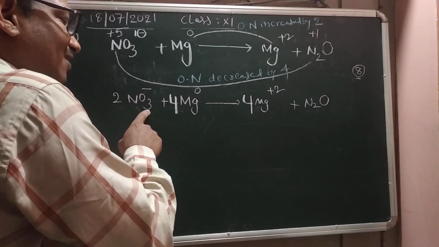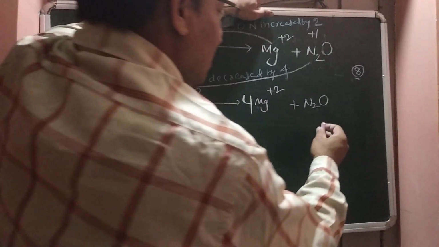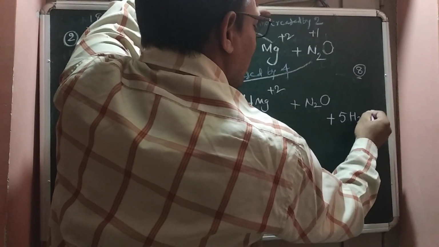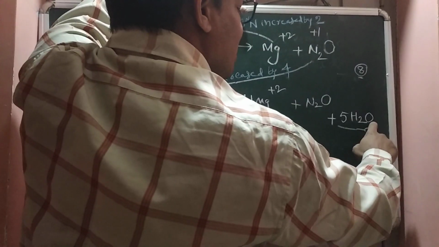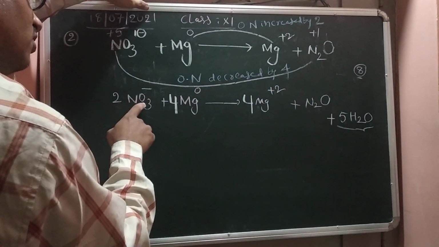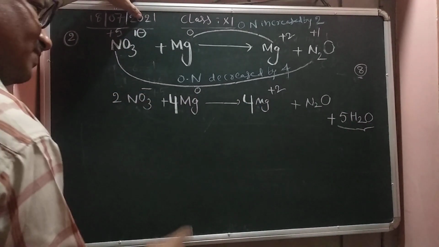Here 6 oxygen atoms. Here only 1 oxygen atom. So which side oxygens are less, that side I will add water molecules. So how many water molecules am I adding? 5. So that 5 oxygens, 5 O plus O, 6 O's. Here 2 into O3, 2 3s are 6. So 6 oxygen atoms. Now oxygens are balanced.